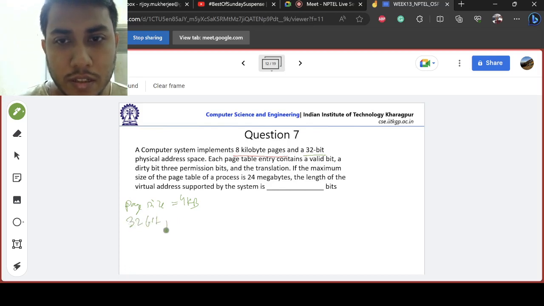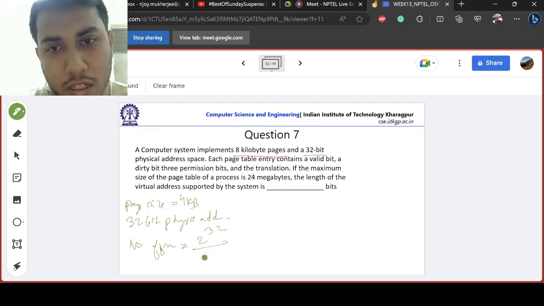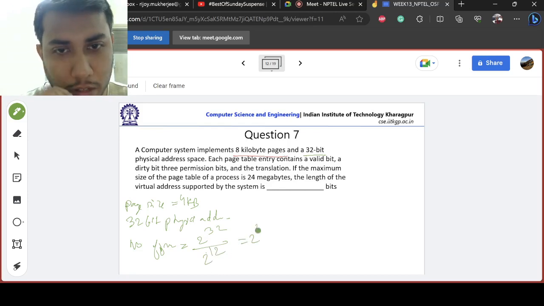So the number of frames is 2 to the power of 32 divided by 4 KB. 4 KB is basically 2 to the power of 12. That is 2 to the power of 20 frames.